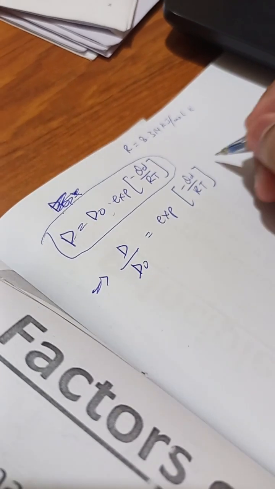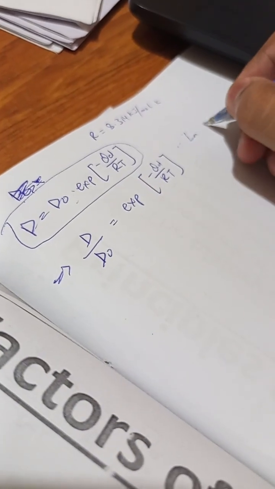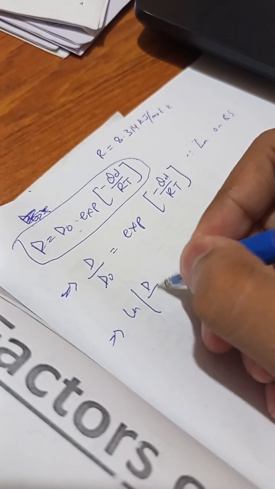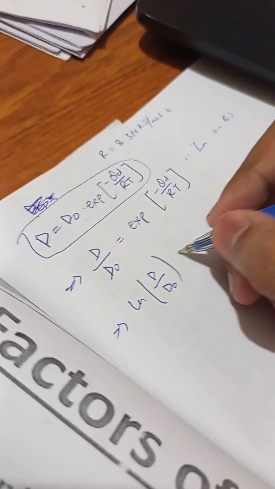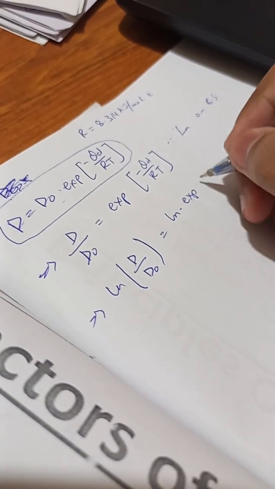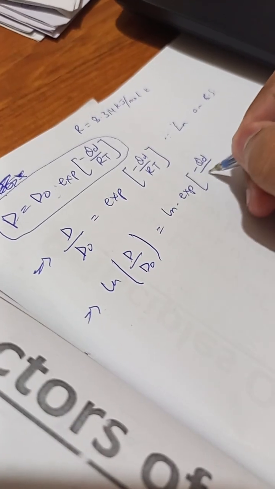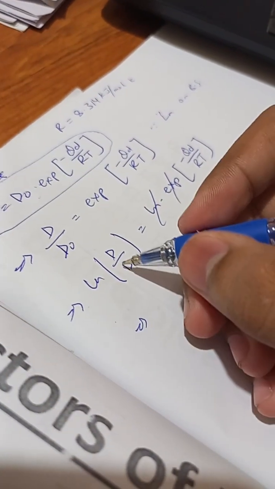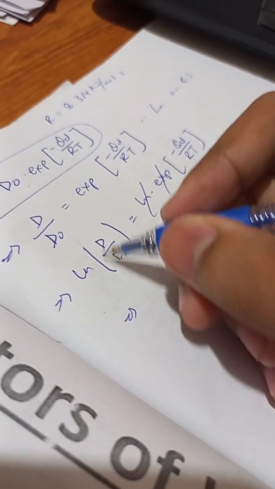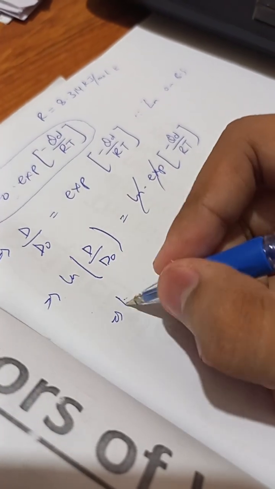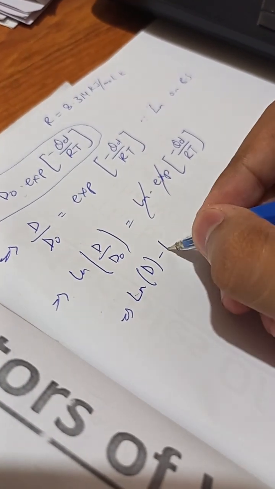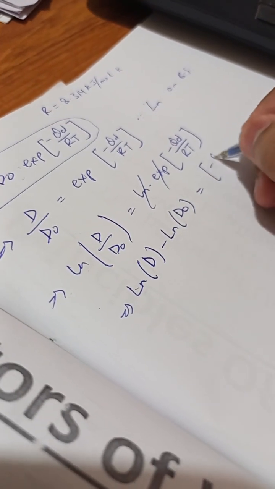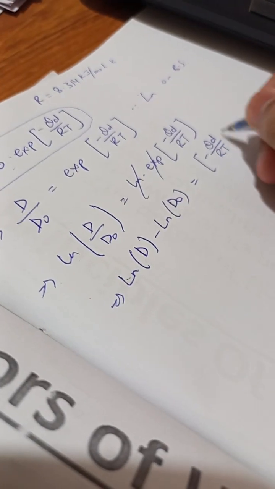Now take ln on both sides, so ln of D over D0 is equal to ln of the exponential. The ln will cancel out the exponential, and we know ln of D over D0 turns into ln D minus ln D0. It is a property. The remaining equation stays the same.